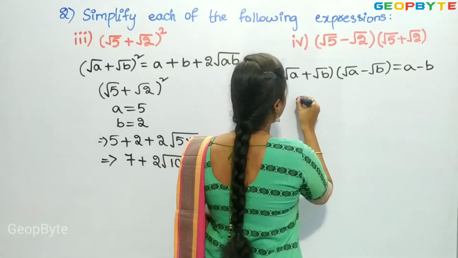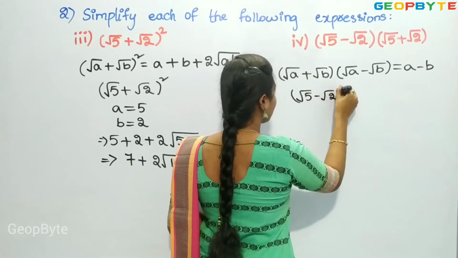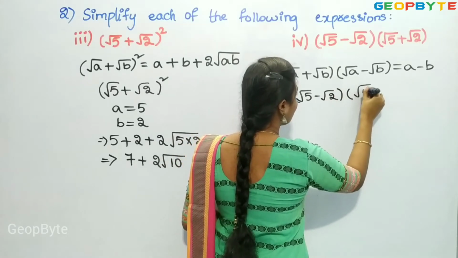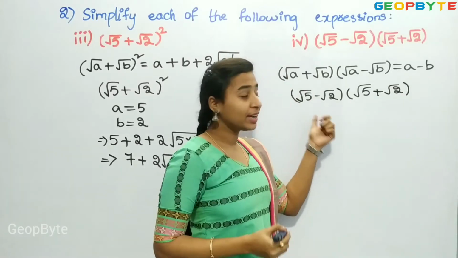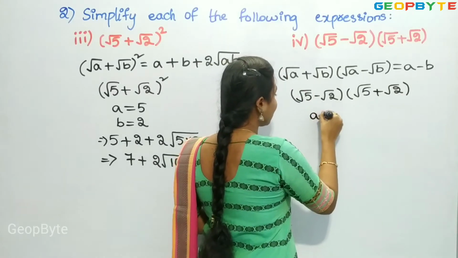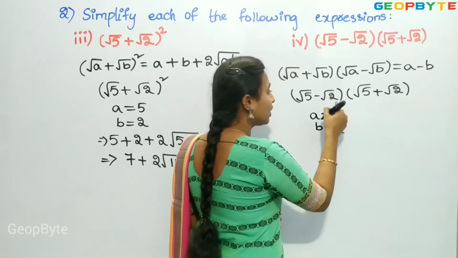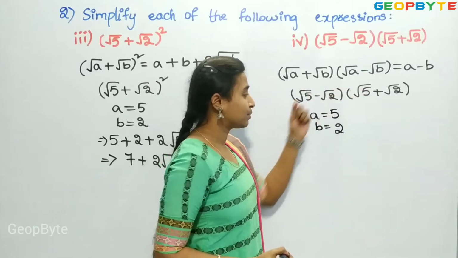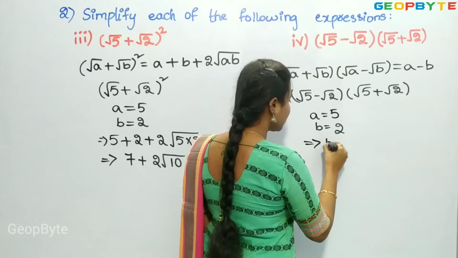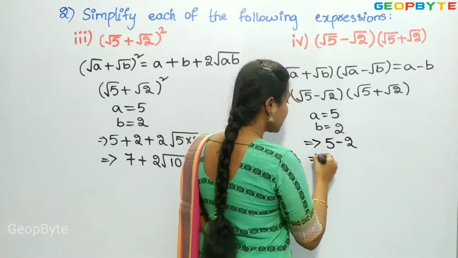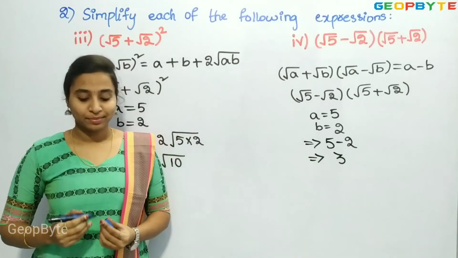Now here let us write the question: (root 5 minus root 2) into (root 5 plus root 2). From here, what is a? a is nothing but 5 and b is nothing but 2. Now, let us substitute. We have a minus b, that is nothing but 5 minus 2. 5 minus 2 gives you 3. So 3 is the answer.